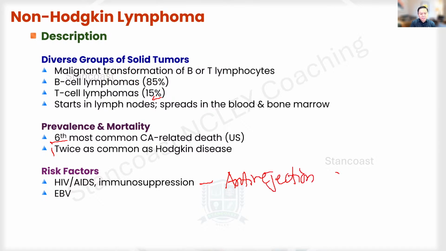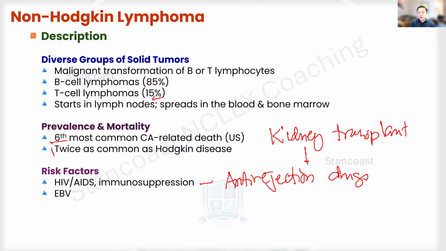For those who have had kidney transplants, they are prone to developing non-Hodgkin's lymphoma because they are using the anti-rejection medications that can cause immunosuppression. Again, please take note, guys. For those people who had organ transplants, maybe kidneys or any other organs, they're going to take the anti-rejection meds. But these medications can lead to immunosuppression. So this person will be at risk of developing NHL.